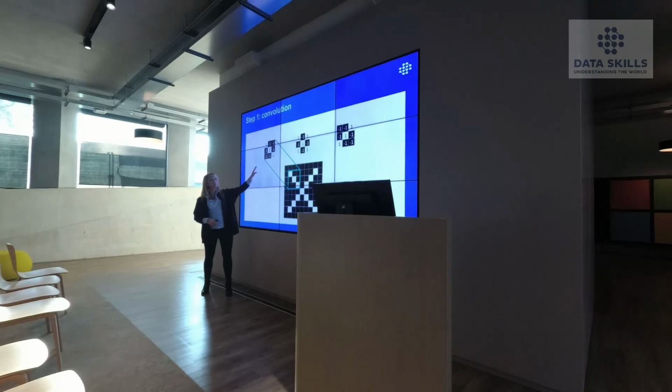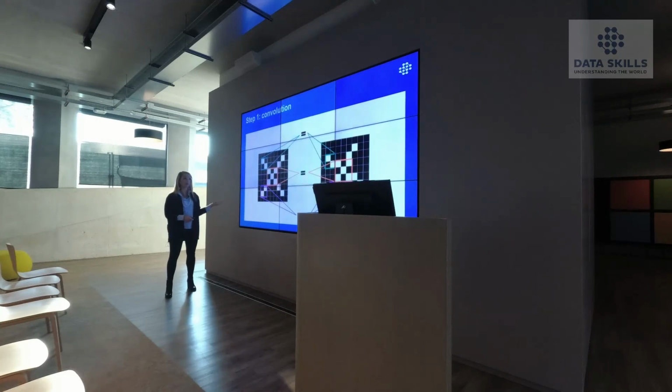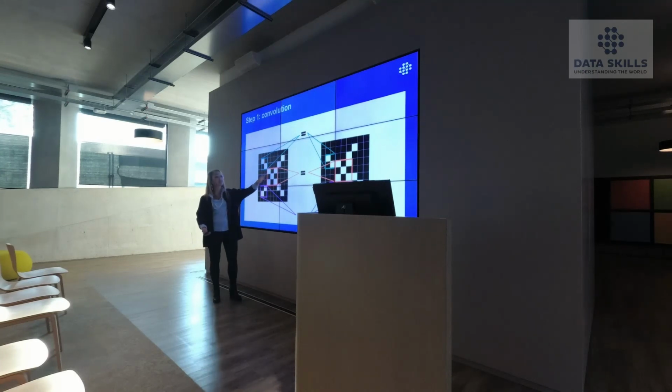So you superimpose the smaller filter on the image in order to test on smaller portions of the image if that characteristic exists or not. So if you were to do that, then you would see that both of the images actually have the same characteristics. They're just positioned in different places.